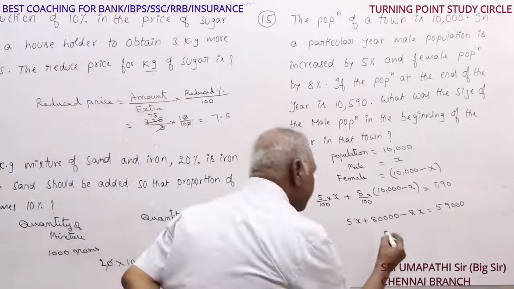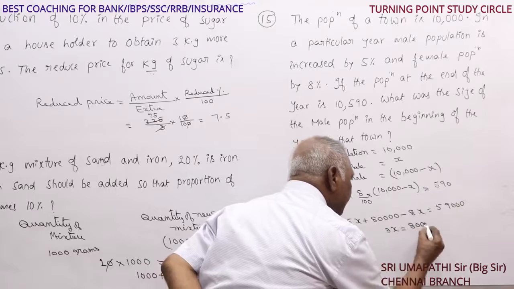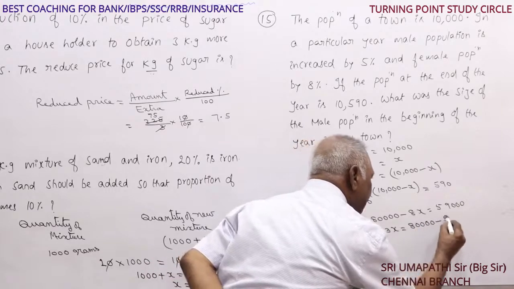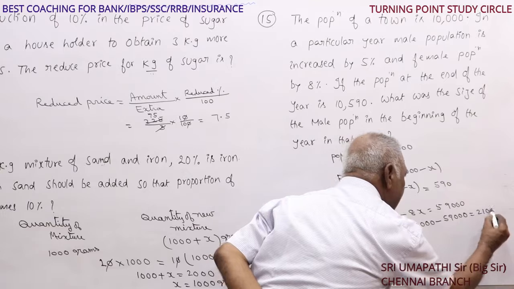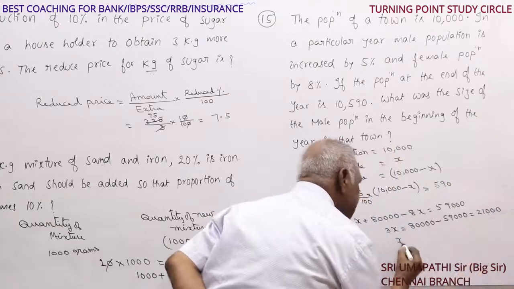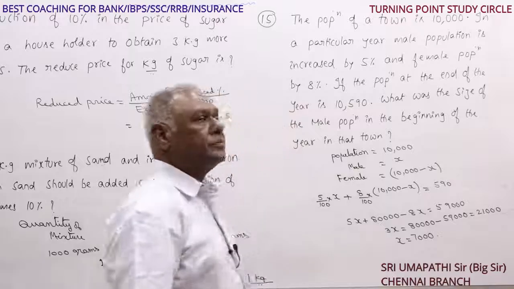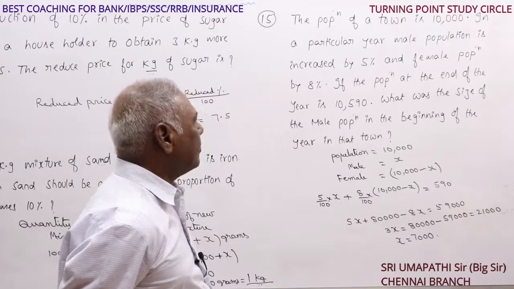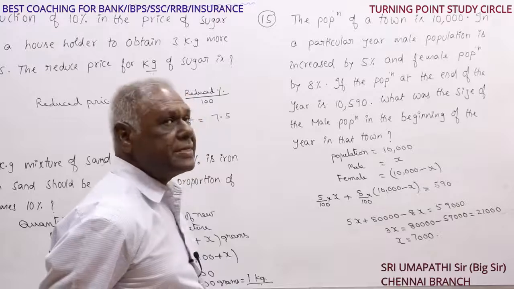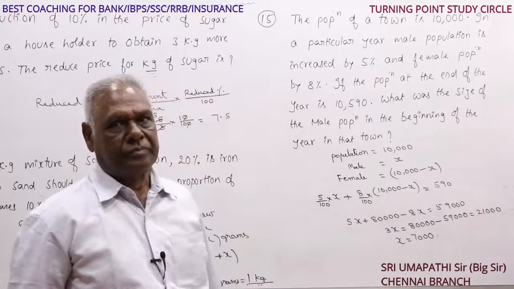So 3x is equal to 80,000 minus 59,000, so it is equal to 21,000. So therefore x is equal to 7,000. So male population is equal to 7,000. It is asked male population, it is 7,000.